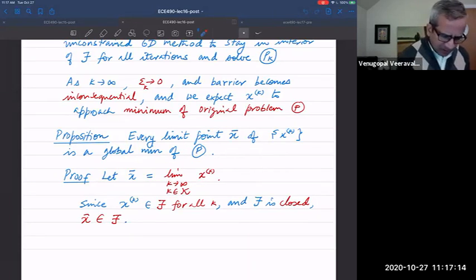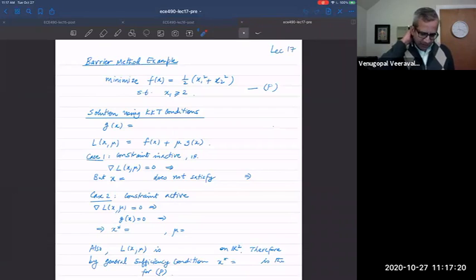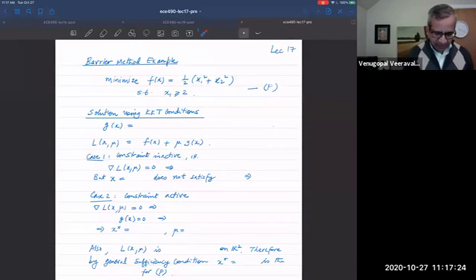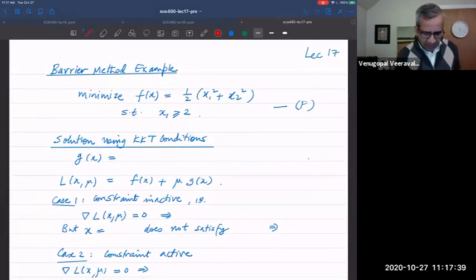So actually, let's do a quick example to illustrate this. A simple example, and this is from your textbook, and there's a nice picture as well if you want to take a look. We have this function here, and it's a quadratic.